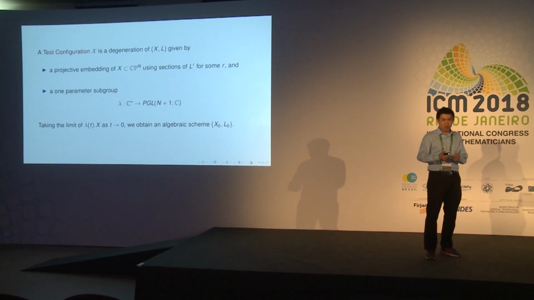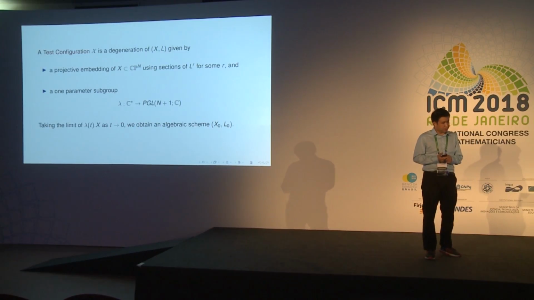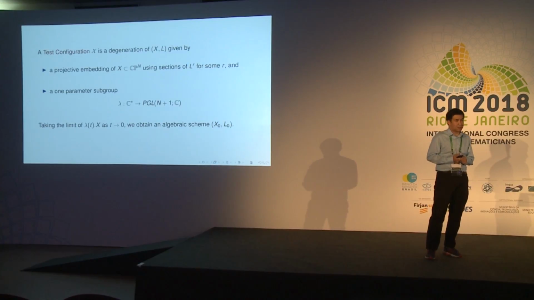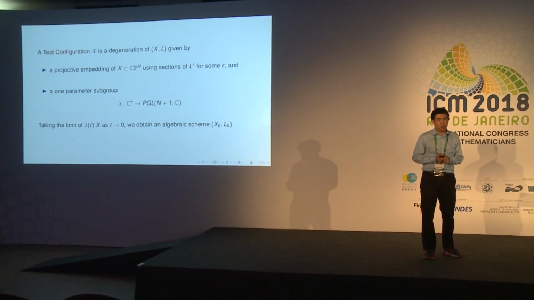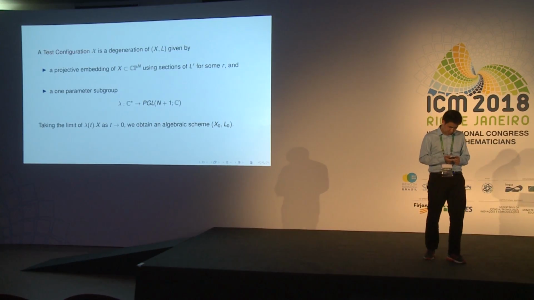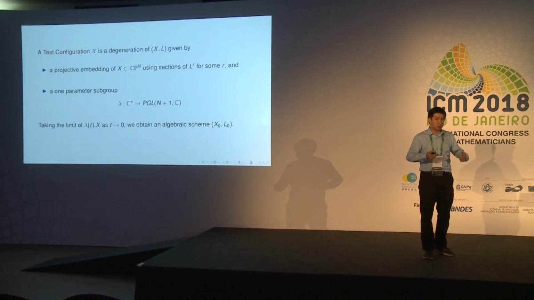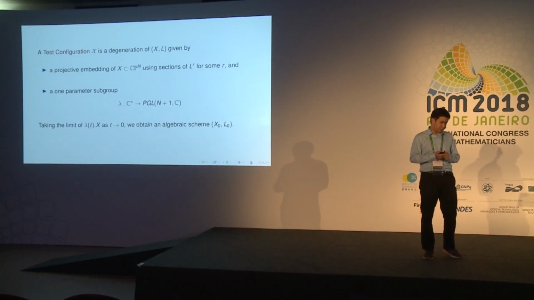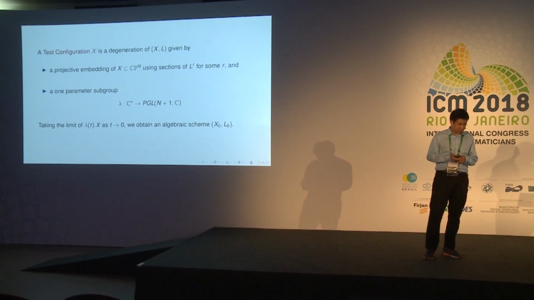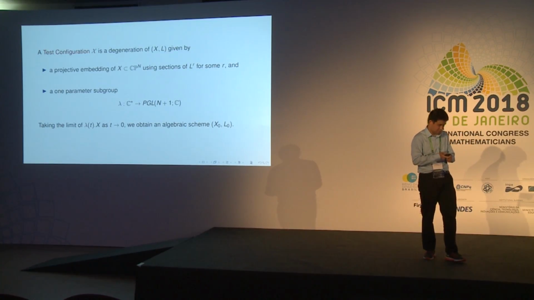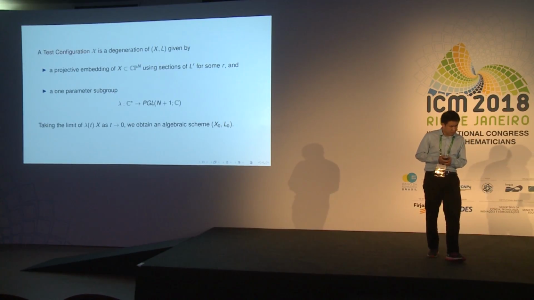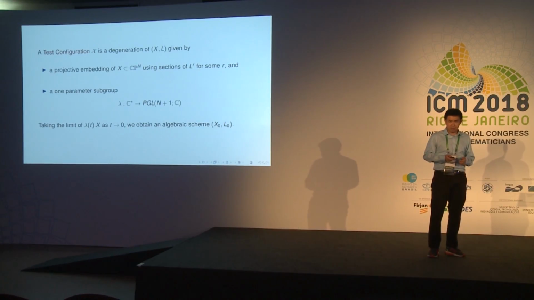You get the degeneration when you act on X by this λ(t) and let t tend to 0. Just algebraically, you will get a limit. This limit is in the sense of algebraic geometry. It could have very bad singularities. Nevertheless, it's defined by algebraic equations: a scheme. So this is the notion of test configuration.